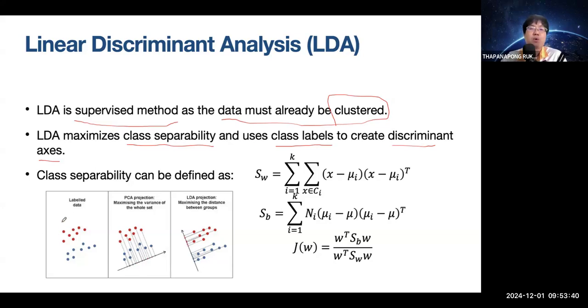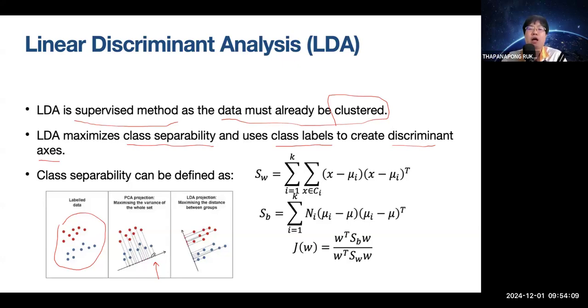So for example, we have this column data. We have red and then we have blue. So we know that our data have two classes. And if you want to perform PCA, let's say this is your first axis, because this direction has the highest variance.